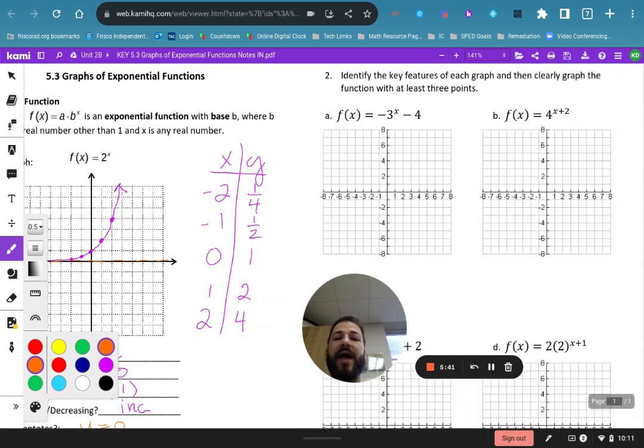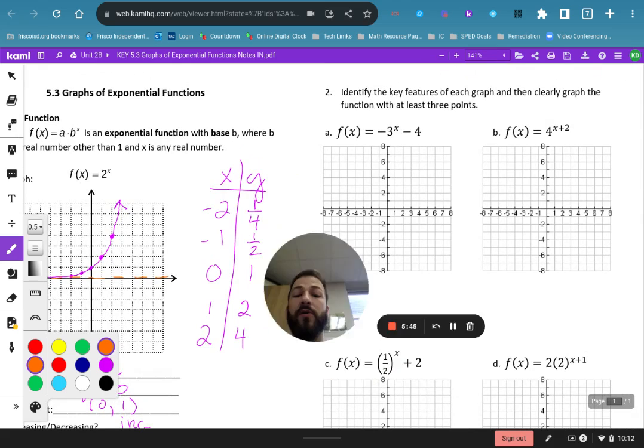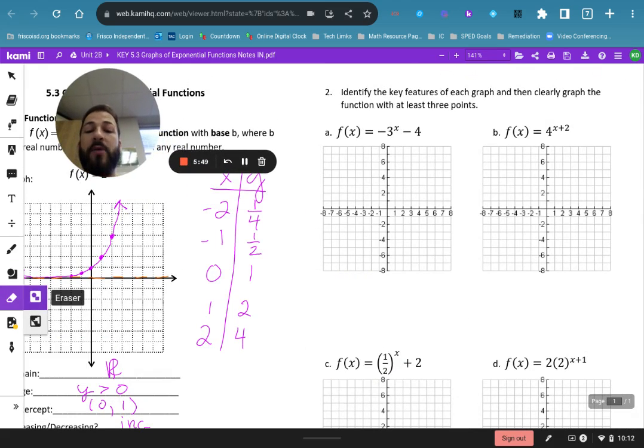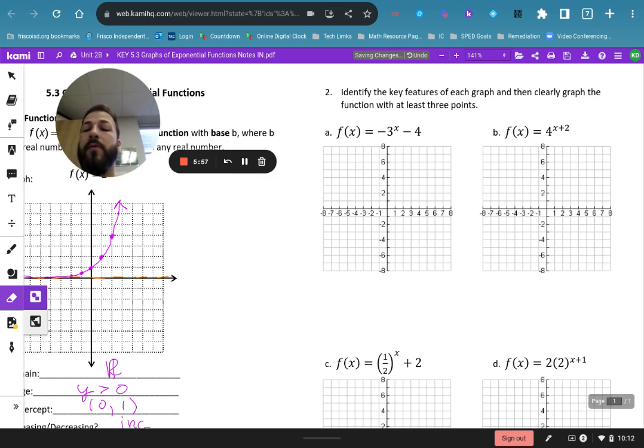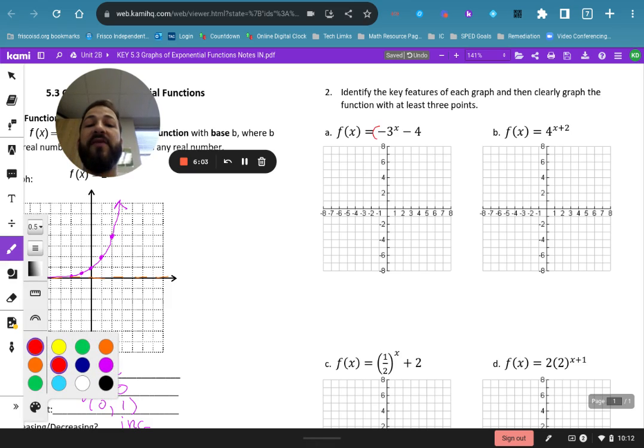So let's look at a real quick example, and we're going to start talking through some of these transformations. For a, we have f of x equals negative 3 to the x, minus 4. The first thing I want to do is start identifying some of the transformations I'm going to see. I have this negative in front, so that negative means I am going to reflect across the x-axis.